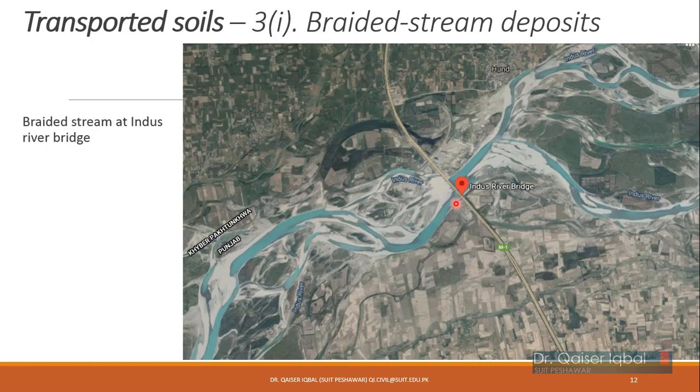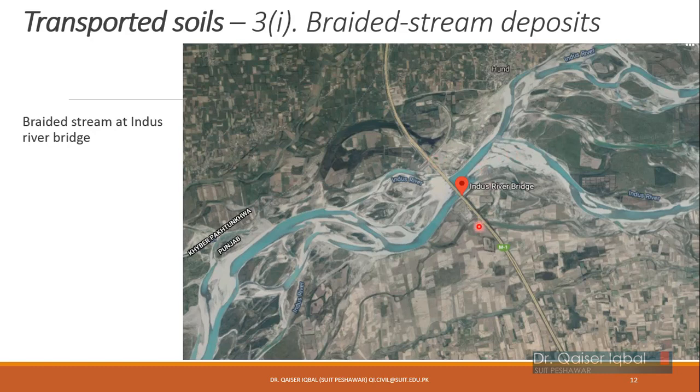Okay, this is the M1 motorway, this is the motorway bridge, and this is the braided stream look of the Indus River over there. You can see over here it's moving in various locations, and you may have observed the deposition at this particular location, that all the particles which are being deposited all around here, the types of soils, you will see they are coarser particles. Okay, they are silts, they are sands, or they are gravels.